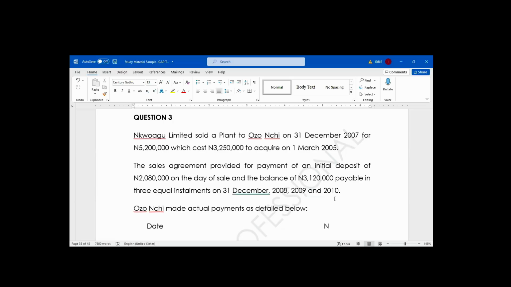The first one we solved, you buy an asset on installment, you later sell the asset. But in this second one, the seller of an asset is selling to a buyer, and the buyer is paying on installments. So we are computing the capital gain tax for the seller of the assets in this one.